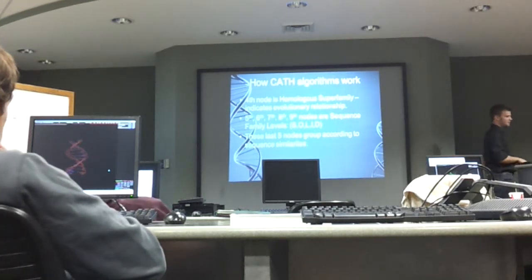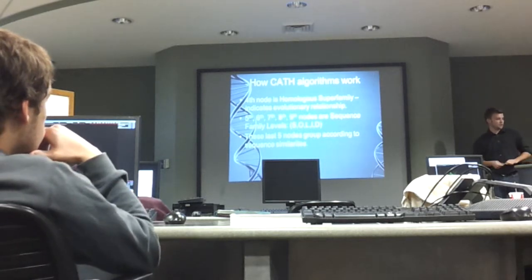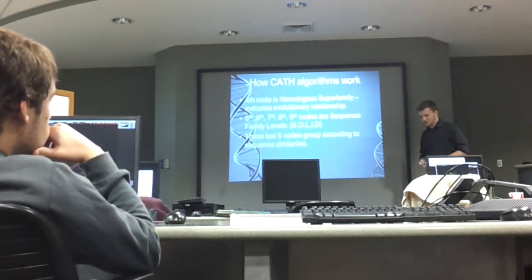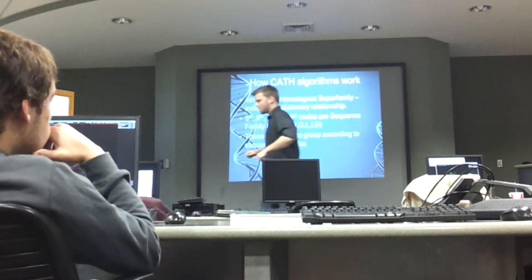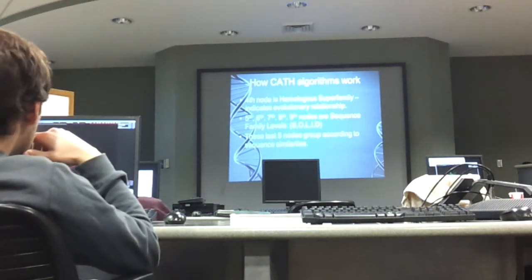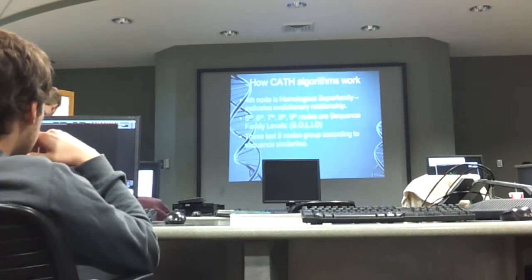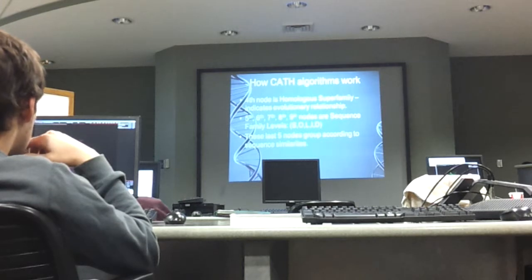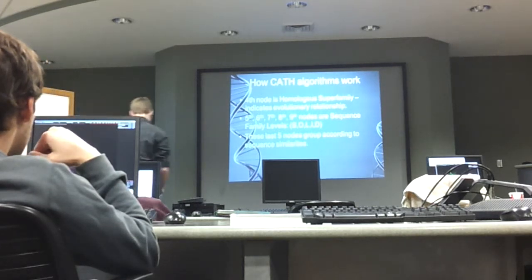After that, the 5th, 6th, 7th, 8th and 9th nodes are all sequence related. The algorithm's not going to take any consideration unless there's a certain sequence of amino acids, and it's going to narrow it down. When we go to the website, you'll see how it does. It goes down through 5 different levels, and then it'll find the best suited domain.